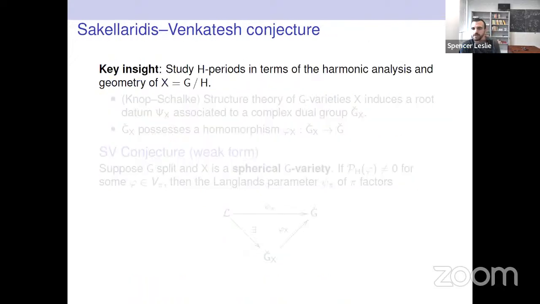And this goes back to work of Sakellaridis and Venkatesh, who built on work of Prasad and Jacquet in the 90s and early 2000s.